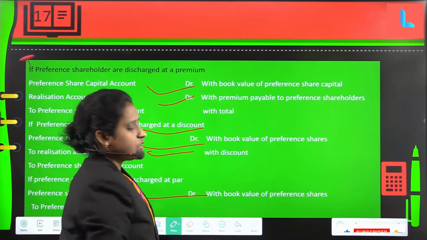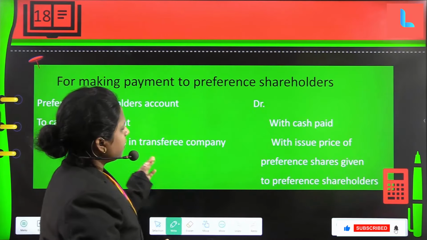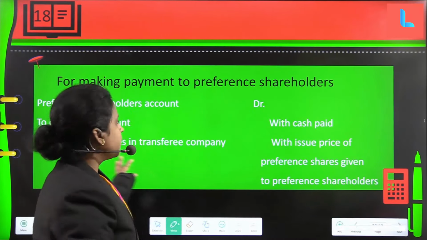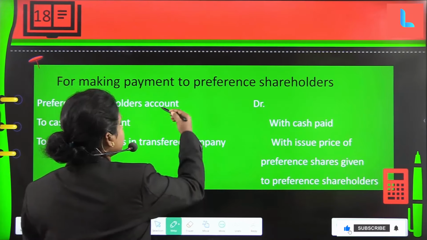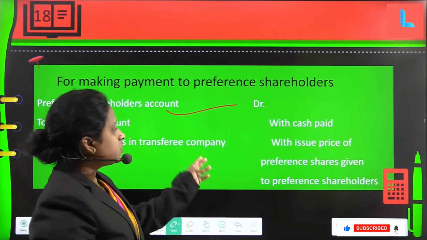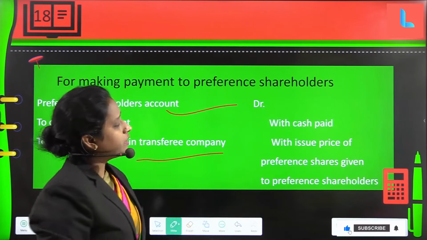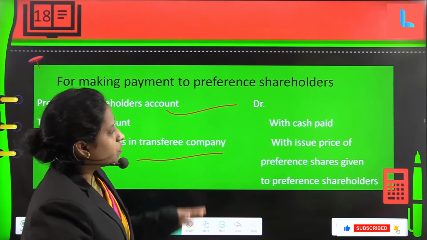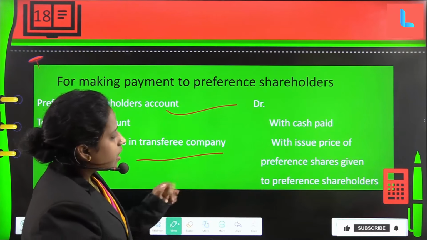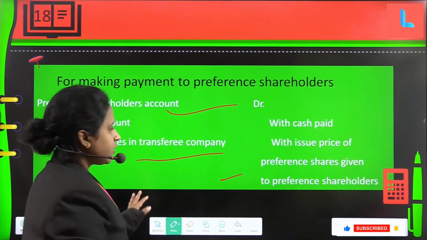Then for making payment to preference shareholders, the entry would be preference shareholders account debit to cash or bank account, with cash paid, or to preference shares in the transferee company, at the issue price of preference shares given to preference shareholders.